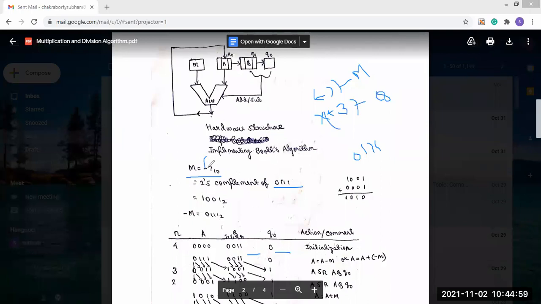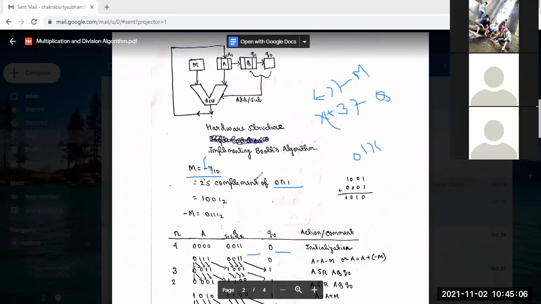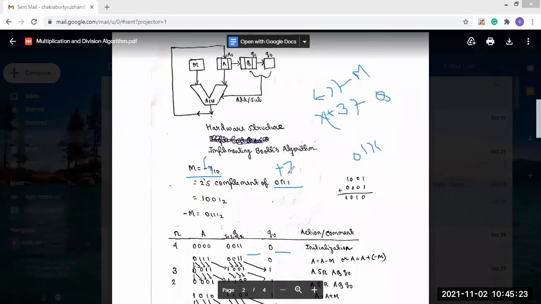So if we take 7's positive value using the 4-bit representation, this is used for the sign bit. One extra bit we have taken for the sign bit. So the representation of plus 7 using 4 bits will be 0 1 1 1.